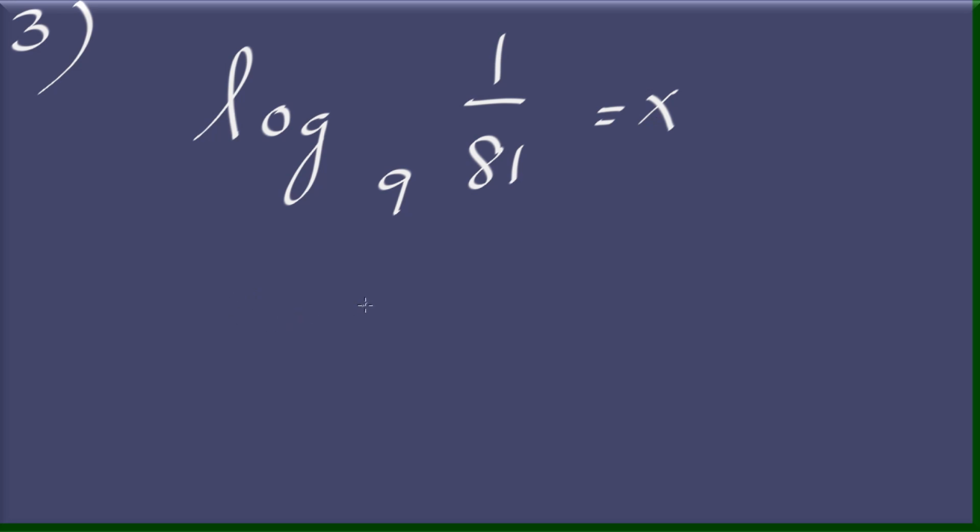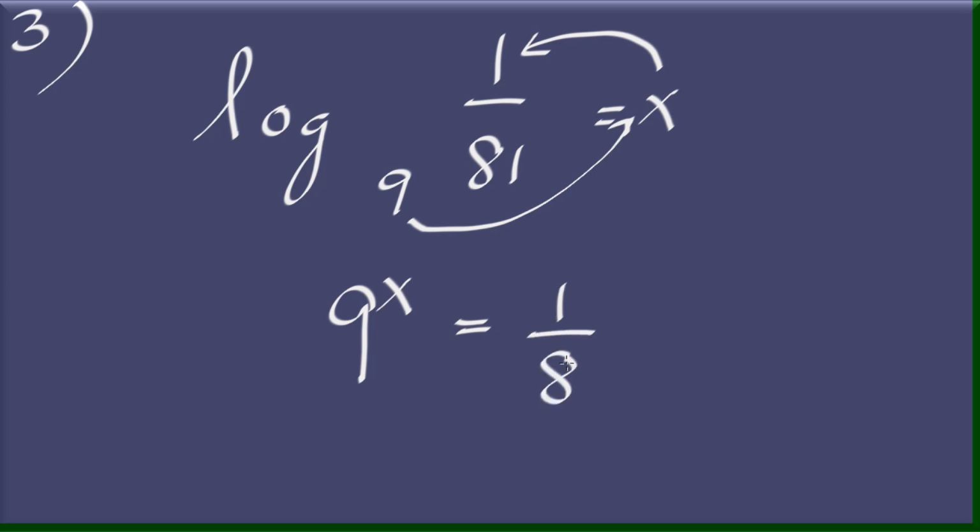In exponential form, this is 9 to the x. So again, that's 9 to the x equals 1 over 81. Now, 81 is a power of 9, but we know that 9 raised to the second power is 81. It's not 1 over 81.